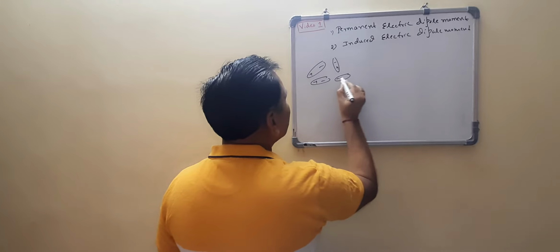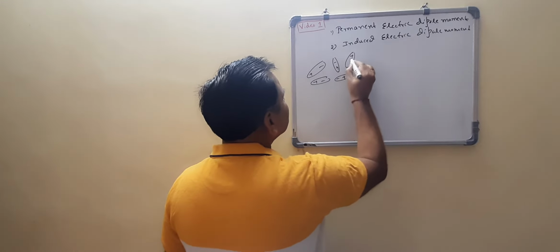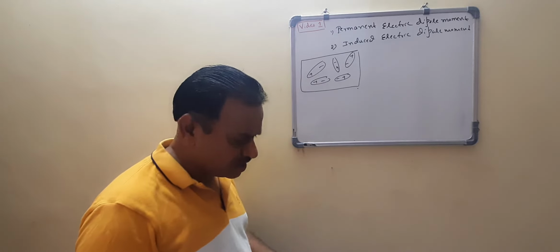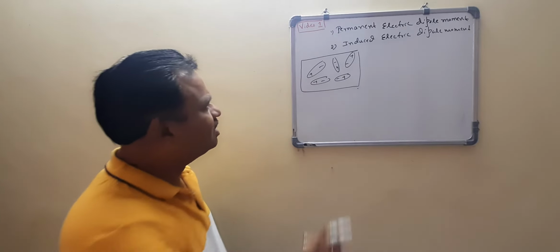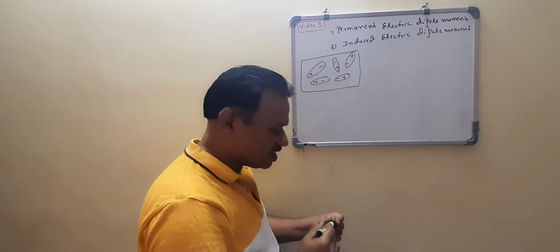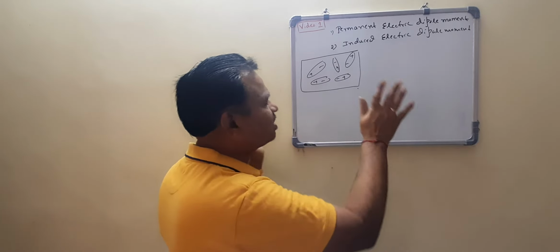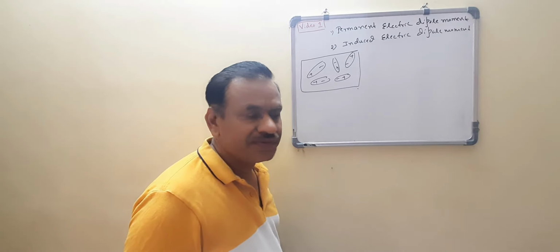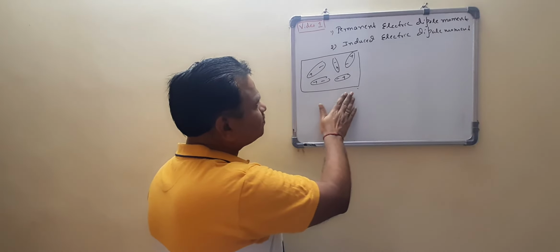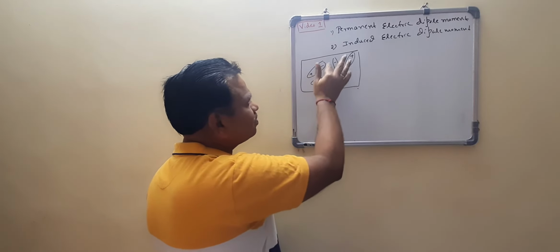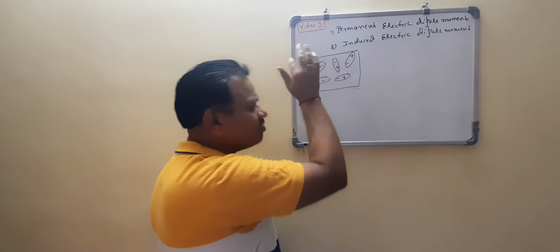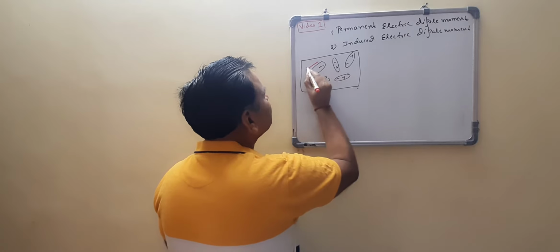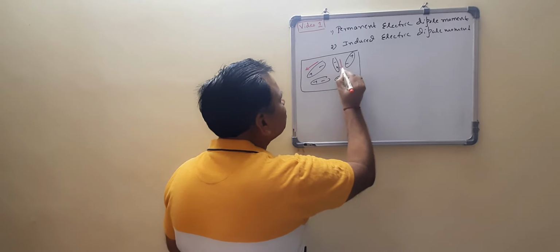Each molecule is an electric dipole. Even in the absence of the external electric field, each molecule has one permanent dipole moment, represented from negative to positive.